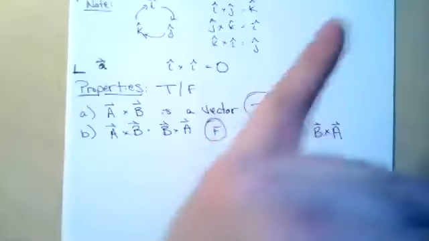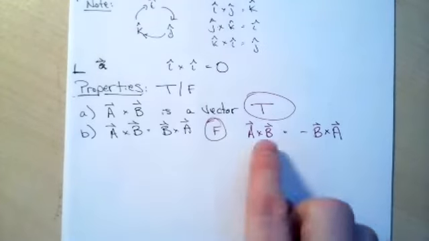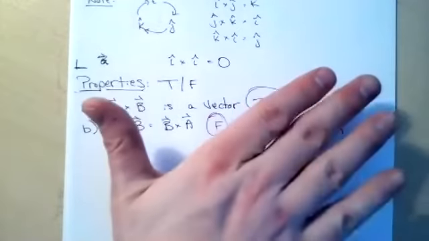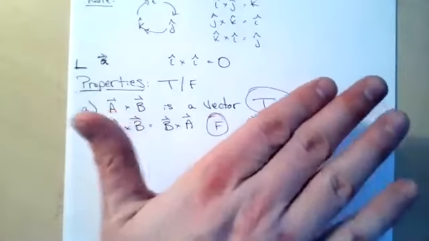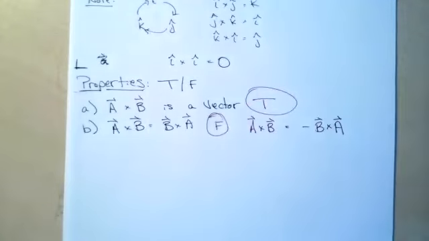Whereas if we do B cross A, now the orientation of the parallelogram points downward. So it's still a vector that is perpendicular to both A and B. But if we have a plane spanned by A and B, there's actually two perpendiculars. There's one that's pointing up and one that's pointing in the opposite direction. And those are just going to be negative of each other.